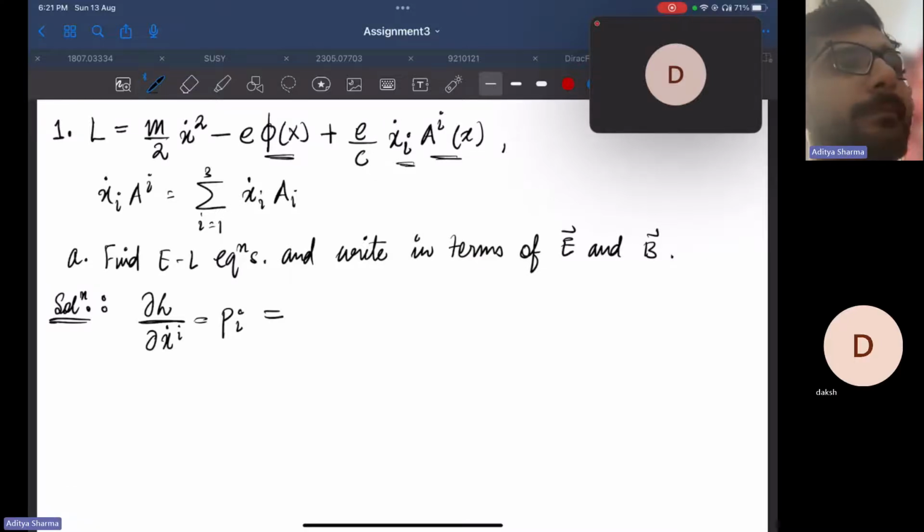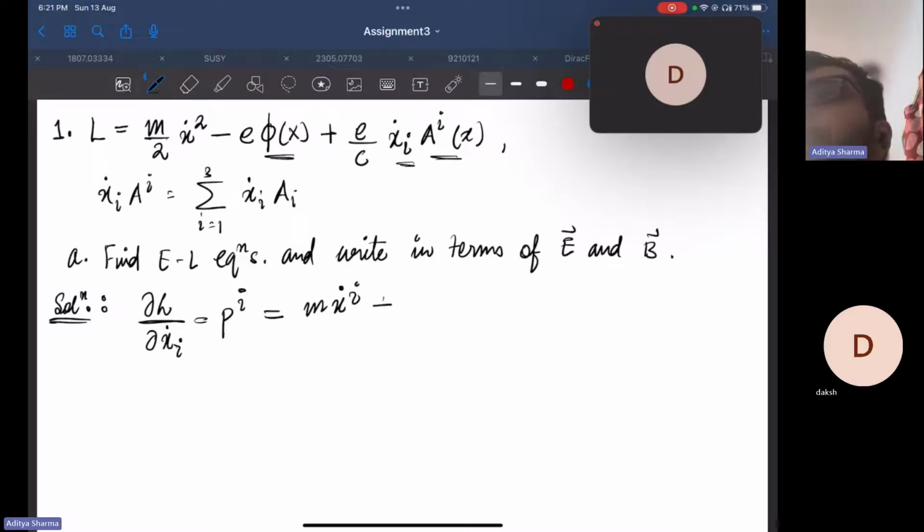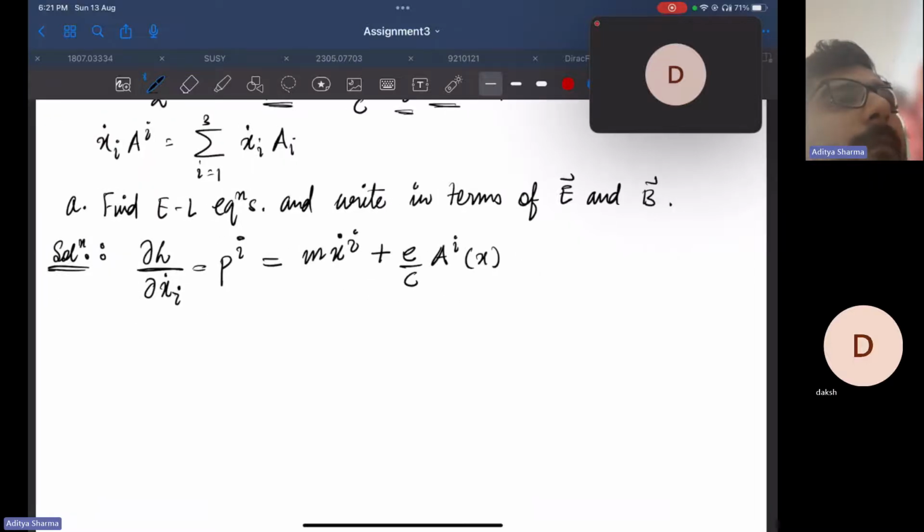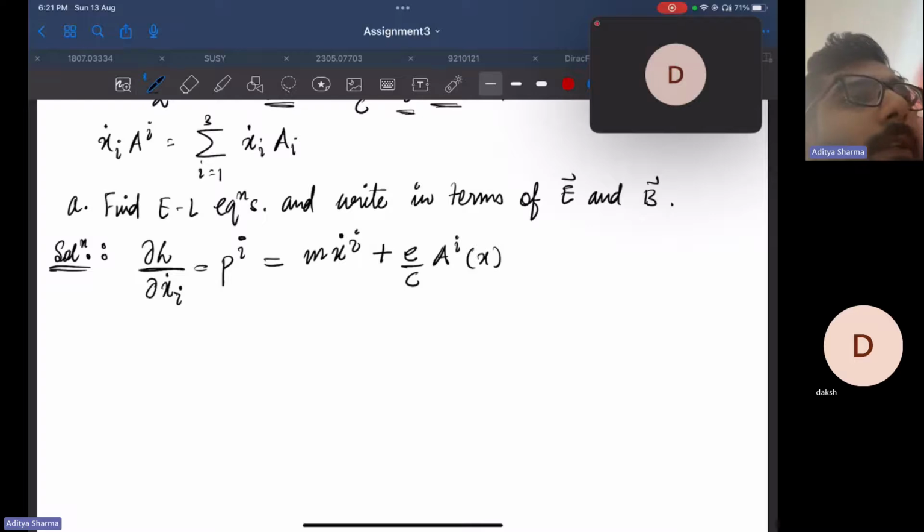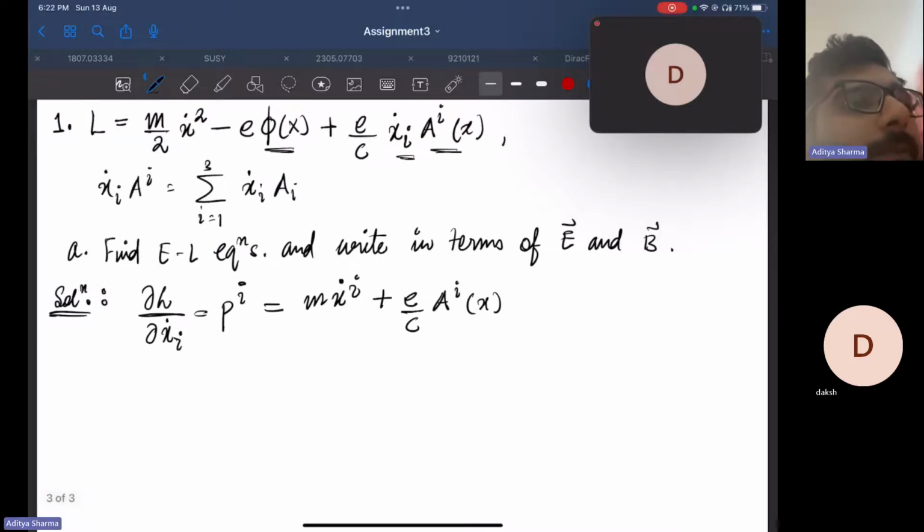It is equal to m x dot plus e by c A. And you have dou L by dou x.